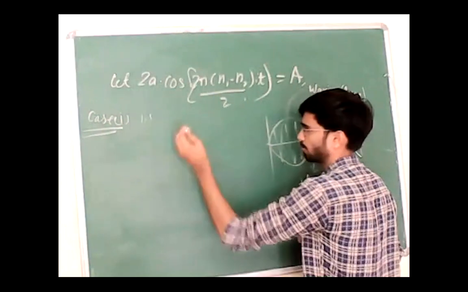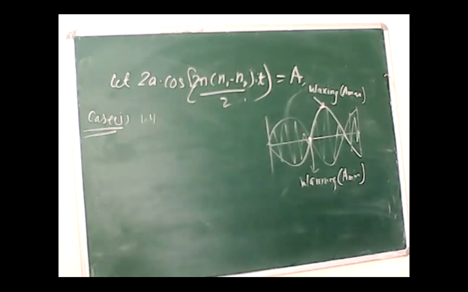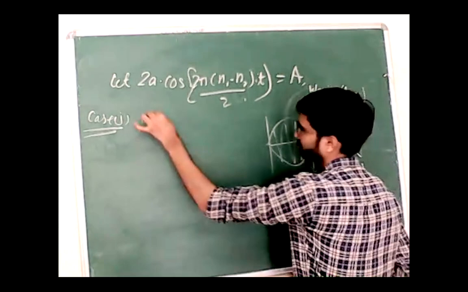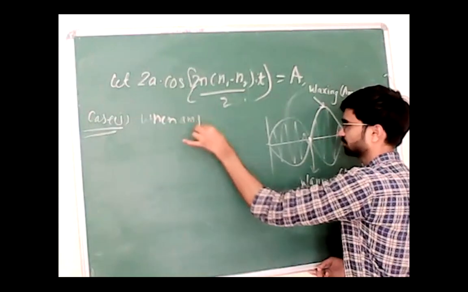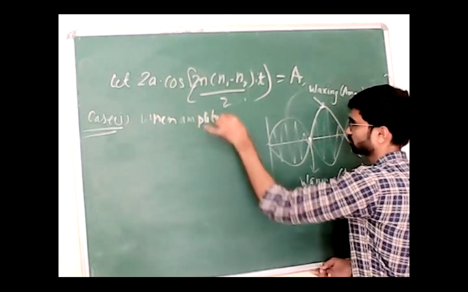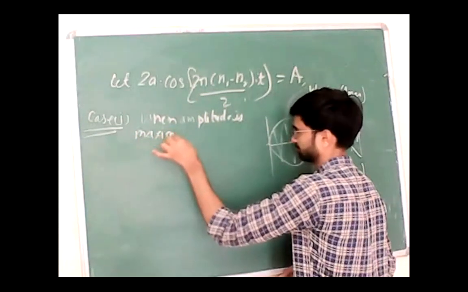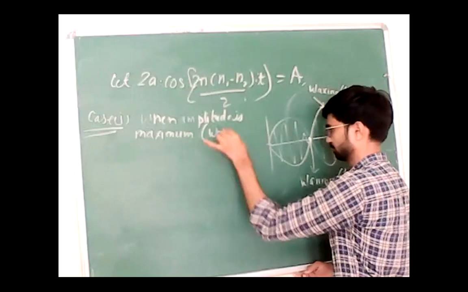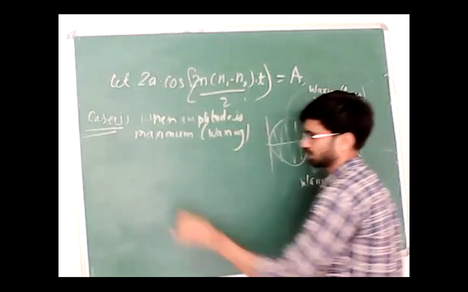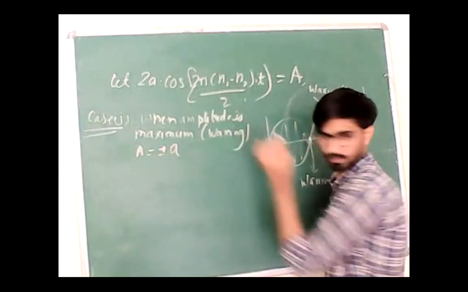So first of all, let's take case number 1, when amplitude is maximum. Write waxing in brackets. When amplitude is maximum, that means the value of A is either plus or minus 2A.